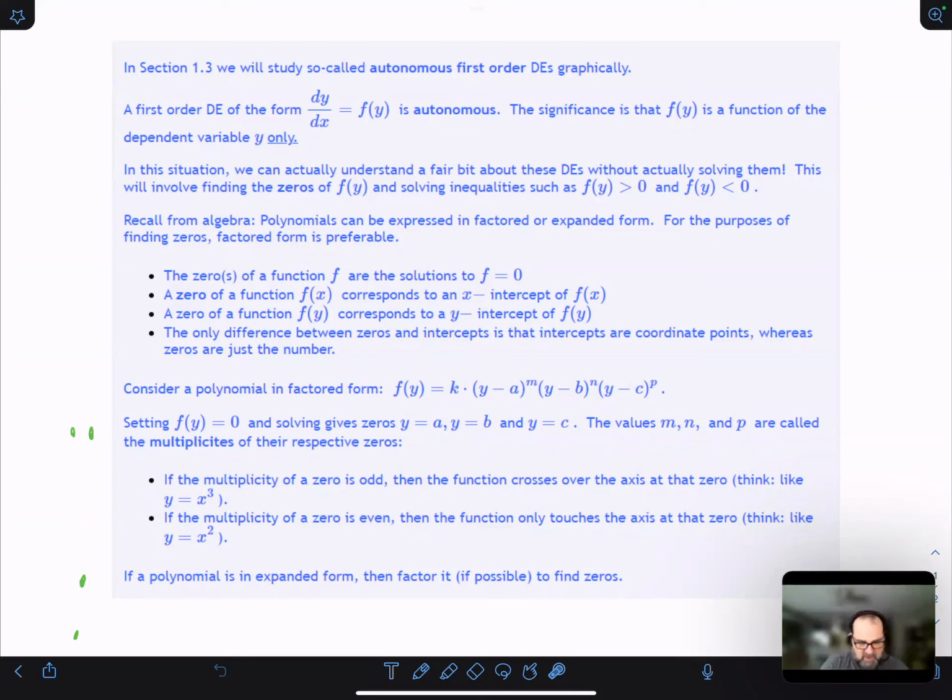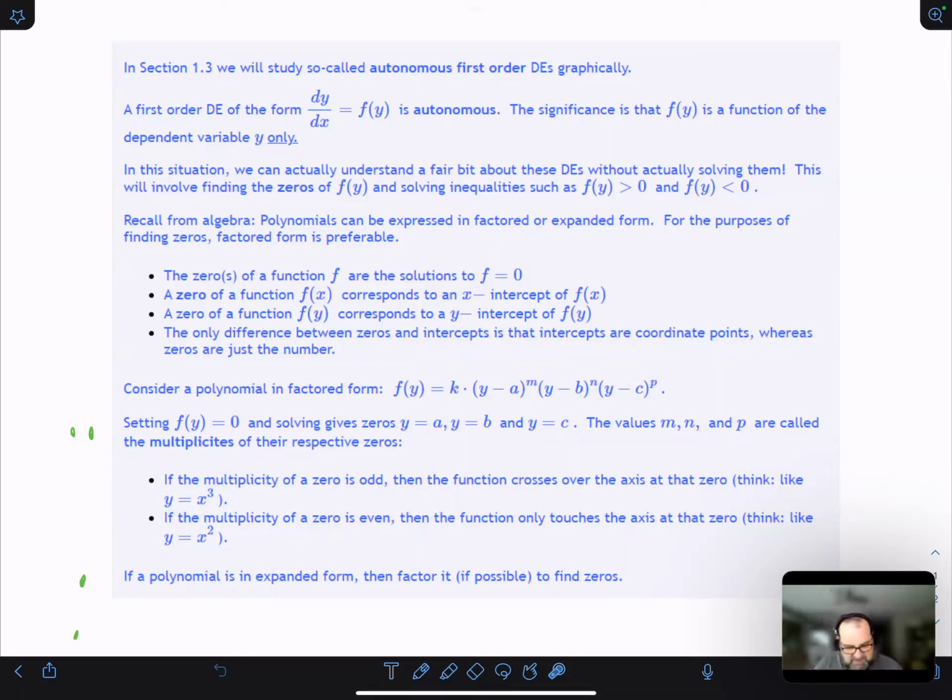All right, so what is the significance of multiplicities? Multiplicities tell us a little bit about the behavior of a graph around a zero. It's really as simple as this. If the multiplicity of a zero is an odd number, then the function crosses over the axis at that zero. I like to keep in mind some simple examples. Y equals x cubed, rough graph of it looks something like this.